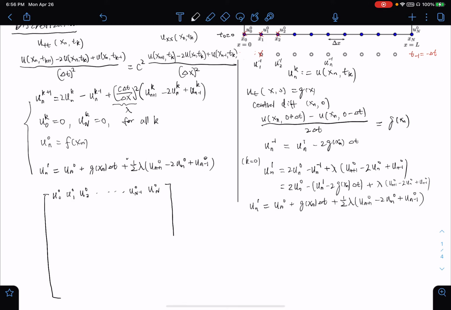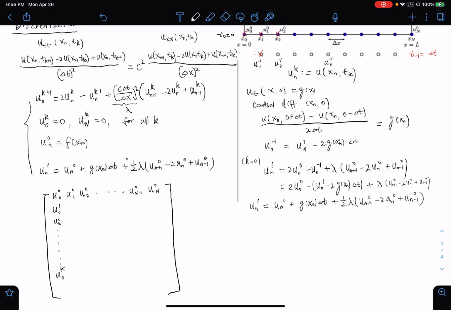etc. And then, as in the heat equation, you also have the boundary condition. So you have at x equals 0 time step 1, x equals 0 time step 2, all the way to a specific time step of your interest, right? x equals 0 at time step capital K, for example.